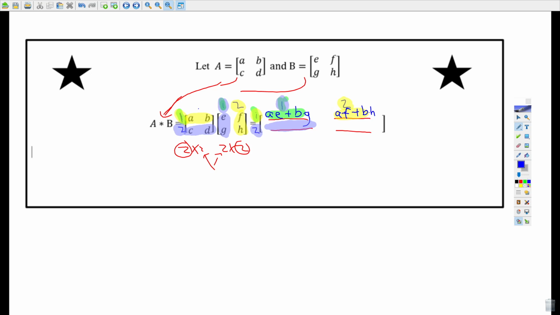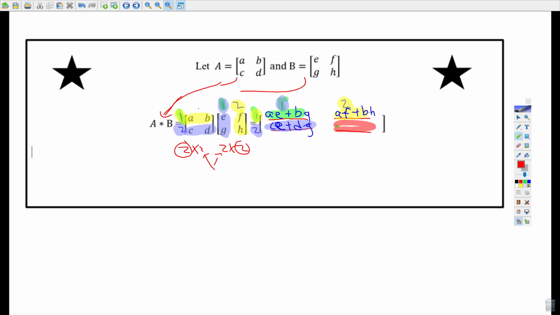This would be C times E plus D times G. That's a CE, if you can read that. CE plus DG.